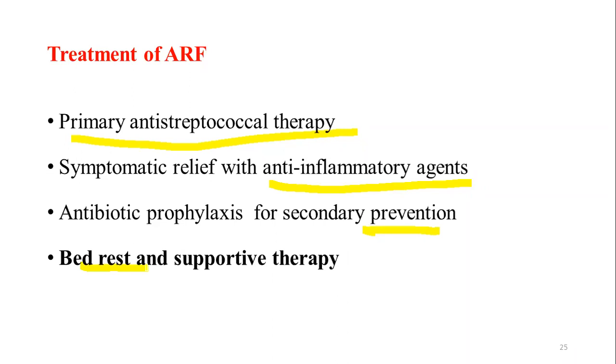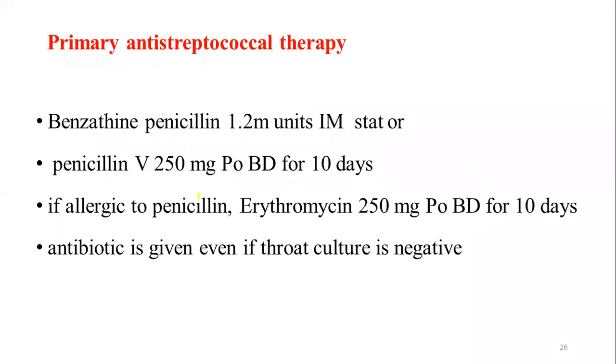So what are the primary treatments to eradicate this microorganism? Remember, this microorganism is a gram-positive infection. So the penicillin class of drugs is efficient enough to destroy gram-positive microorganisms, such as penicillin G, benzathine penicillin, and penicillin V. They are sufficient to destroy the microorganism.